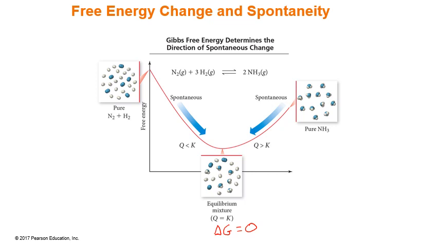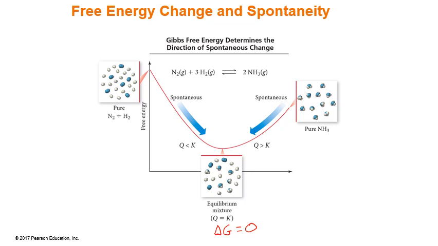So it's going to be spontaneous in the forward direction if we're moving away from pure reactants. If we're moving away from pure products towards equilibrium, it's going to be spontaneous in the reverse direction.